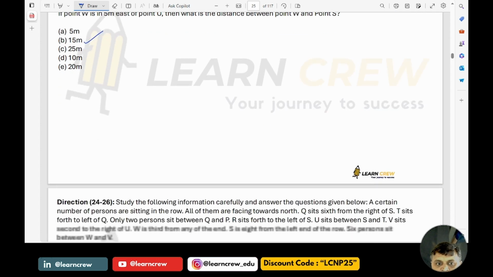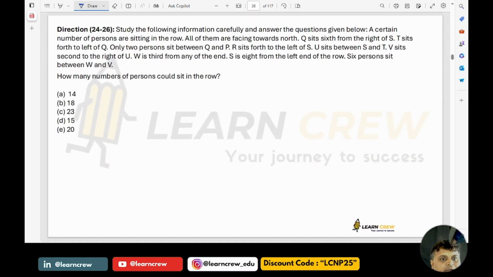Next, questions 24 to 26. How many members? A certain number of persons are sitting in a row. All of them are facing north. Q sits sixth from the right of S: first, second, third, fourth, fifth, sixth.